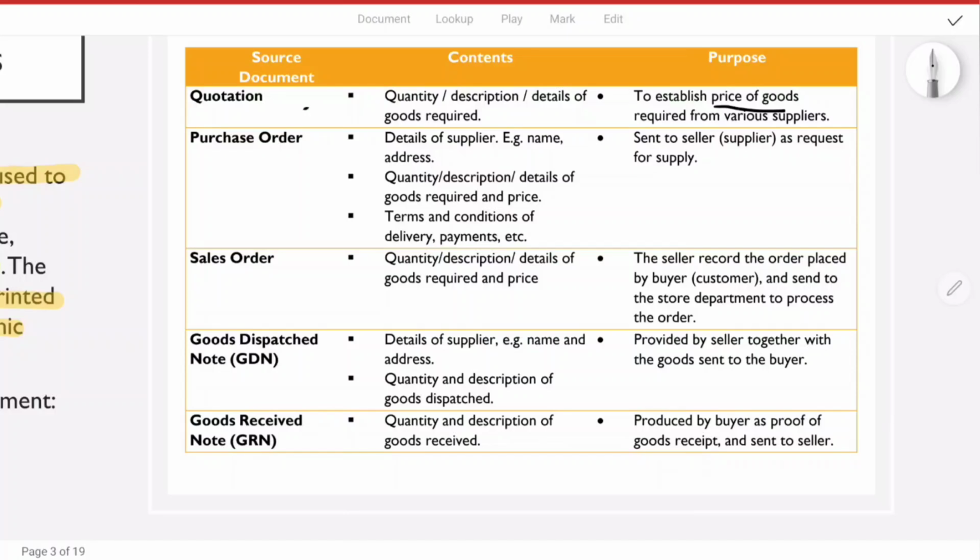This is why it is important that we ask for quotation first before we proceed with the purchase, so that we can have options and we can have the best offer from the supplier.